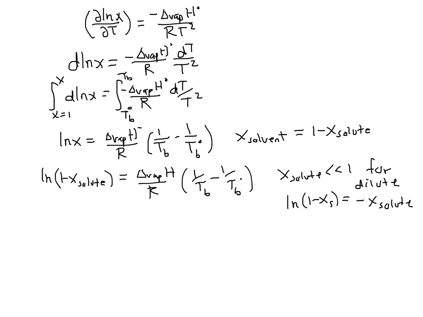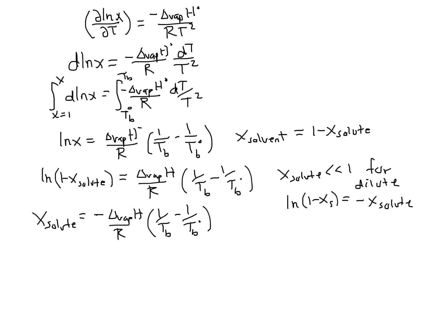So if I make this substitution, the mole fraction of my solute is equal to minus delta H of vaporization over R times the quantity 1 over the boiling point of my mixture minus 1 over the boiling point of my pure substance. At this point, it pays to take stock of where we are.